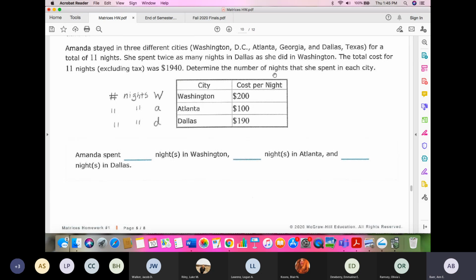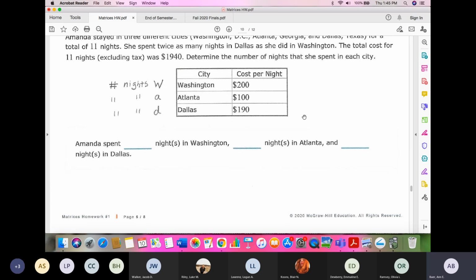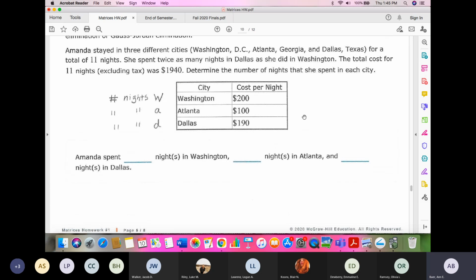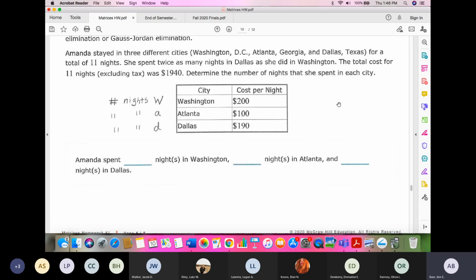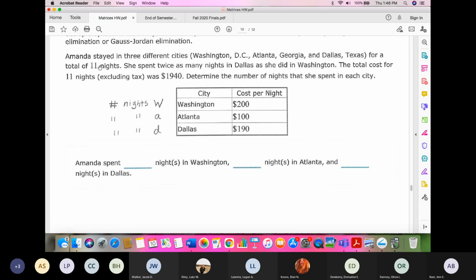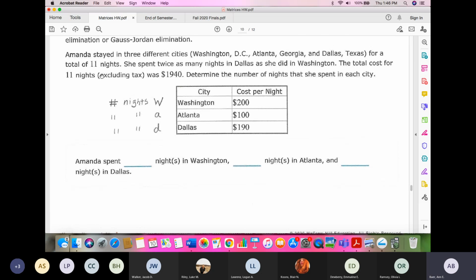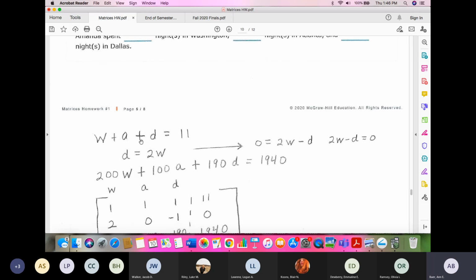And that's what we're trying to find here at the end of the day. Determine the number of nights she spent in each city. So we're calling those our W, our A, and our D. So W, the number of nights in Washington, plus the number of nights A in Atlanta, plus the number of nights D in Dallas, equals 11.